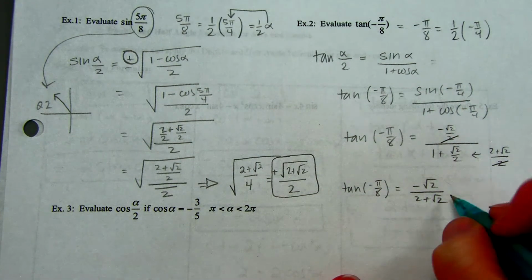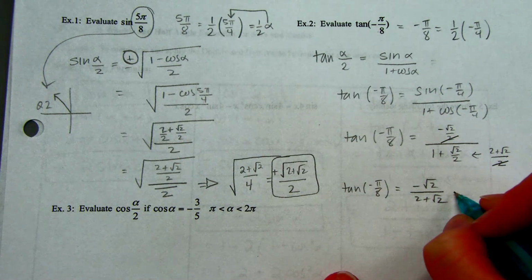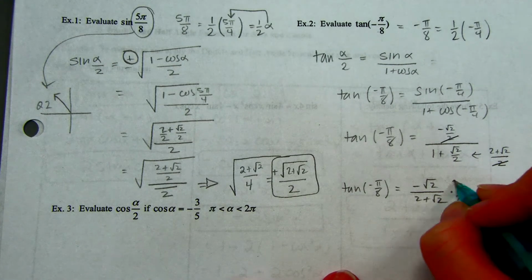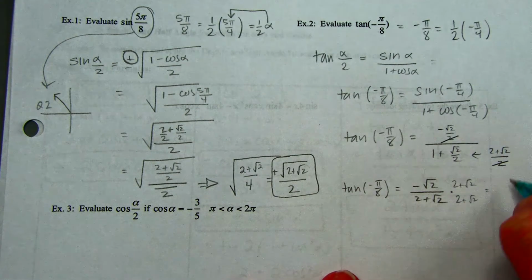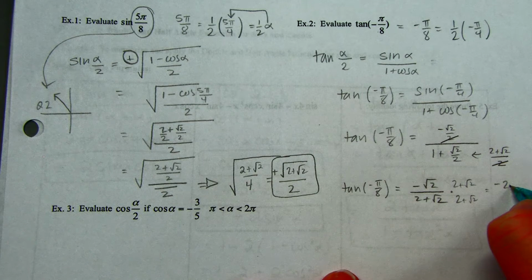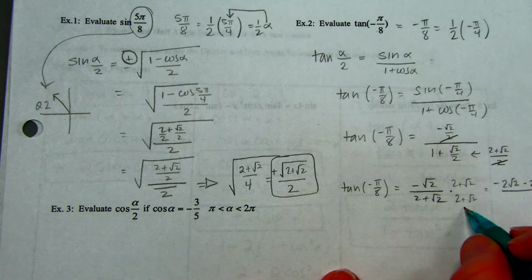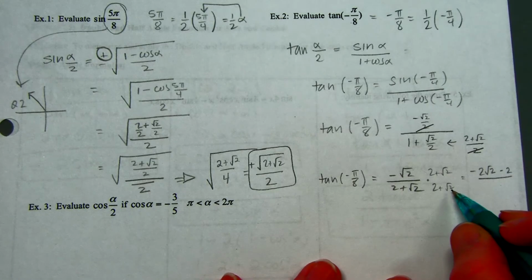If you need to rationalize, you can. Multiply by 2 plus root 2. So negative 2 root 2 minus 2 all over. Oh, wait. Is that how that works? Should be a minus. Yeah, it should be a minus.